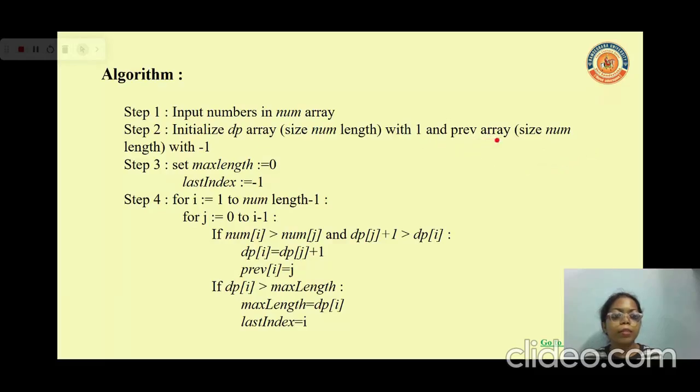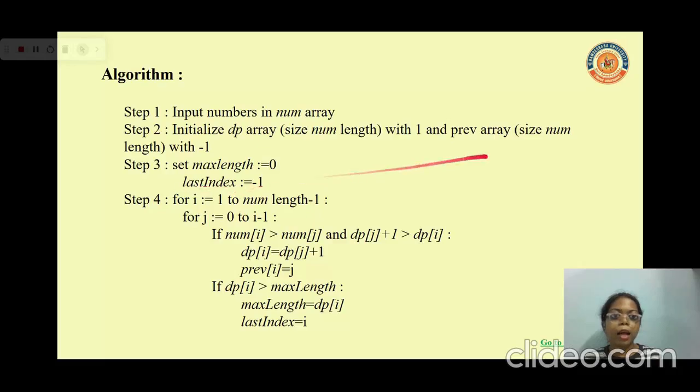The previous array is used for reconstruction of the subsequence, and it is set to -1 because initially we have no previous element to consider in the LIS. Max length is keeping track of the LIS for the entire array.